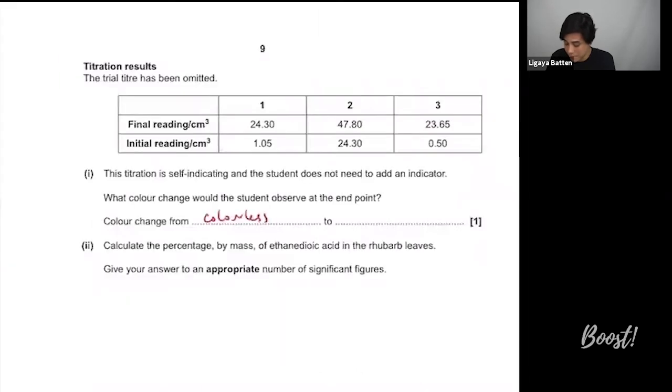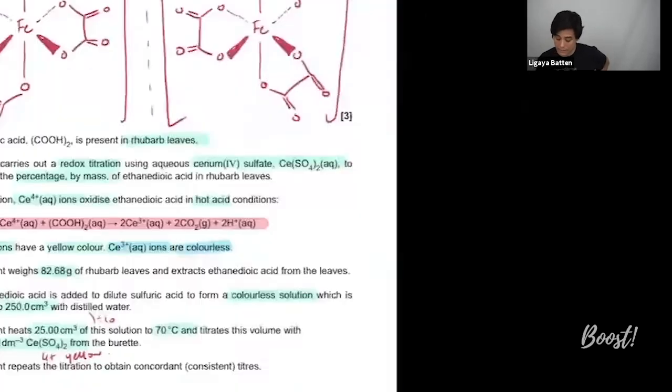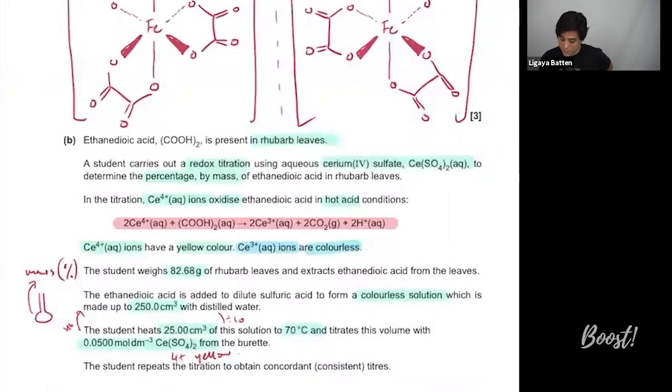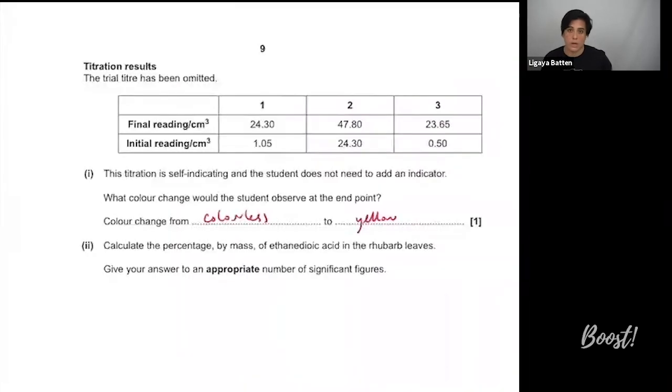So it starts off as a colourless solution in the flask, and then as we're adding this yellow substance to it, we're going to end up with the yellow colour once all of the acid has been used up.